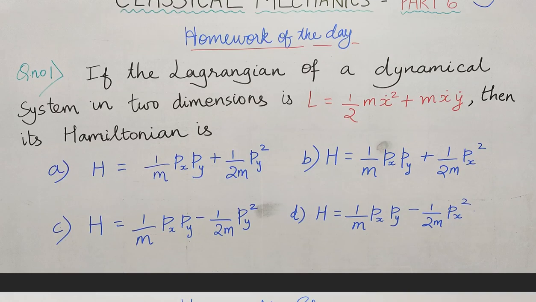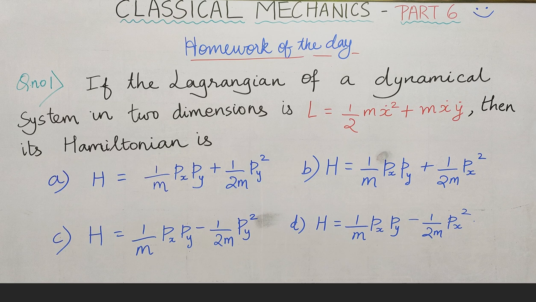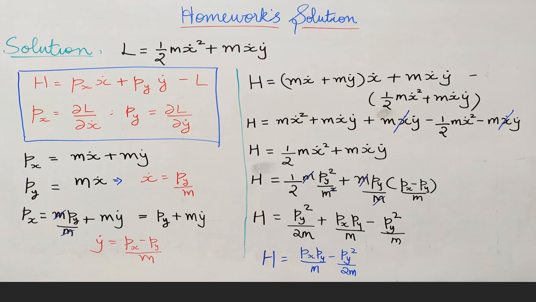Here there are two variables, x and y, so my Hamiltonian will be px x dot plus py y dot minus L. I hope you understand this formula. I write their corresponding momenta and find those momenta px and py. From px I get x dot and from py I get y dot.